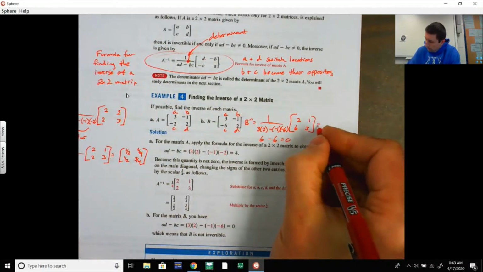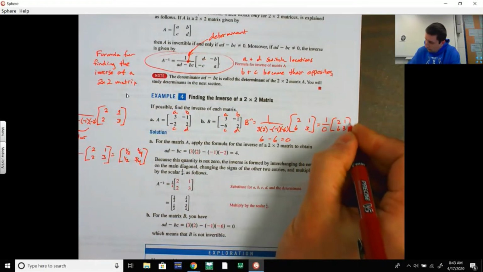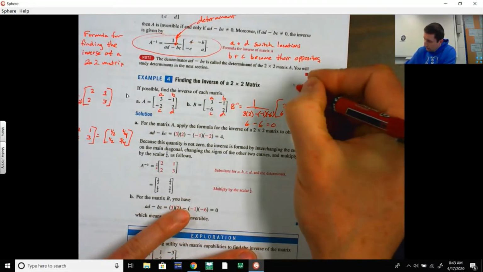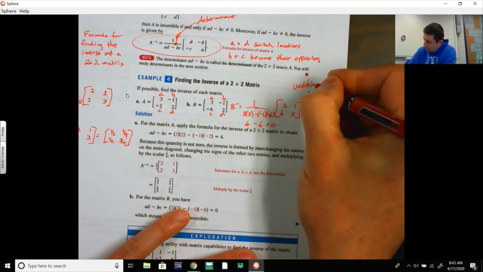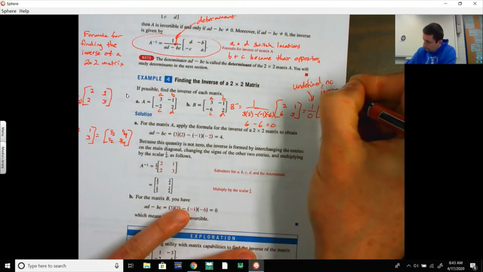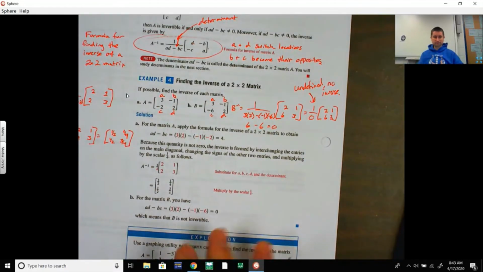So we have 1 over 0 times 2, 1, 6, 3. So if this would happen, that means it is undefined, and there is no inverse. Okay, so B is not invertible, is what they say here.